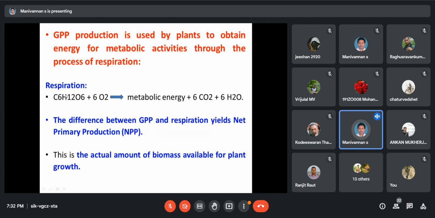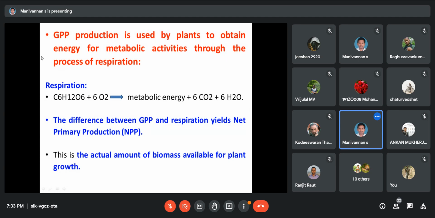The starch molecule, C6H12O6, is a complex molecule that breaks down into simple molecules and liberates energy, through various processes, for example glycolysis, the Krebs cycle, and the electron transport chain.